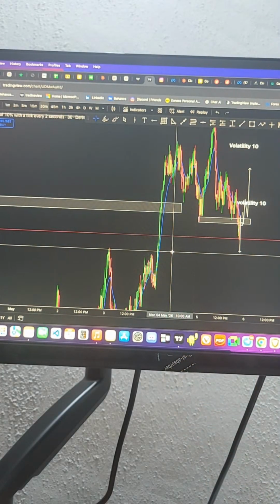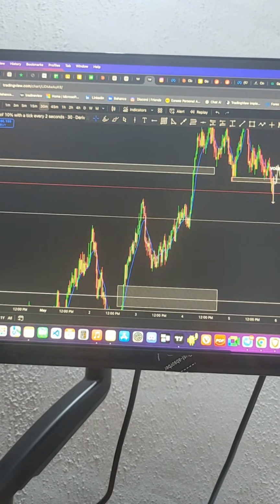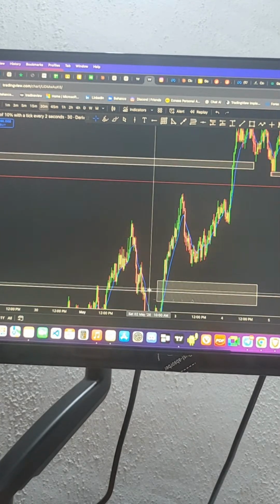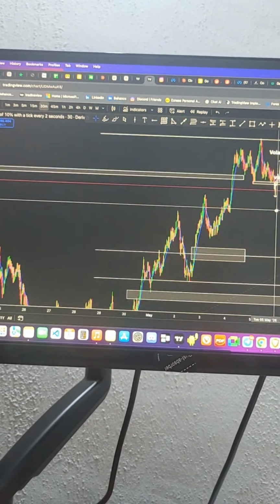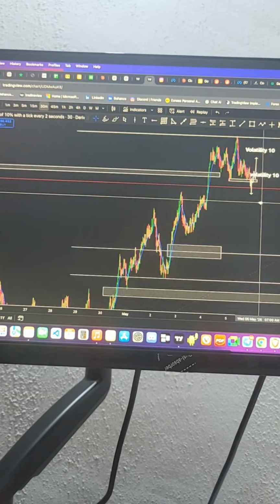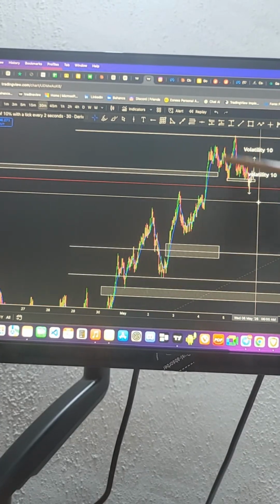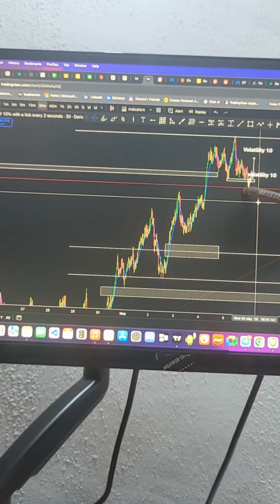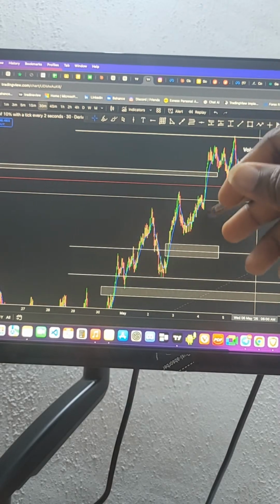So I have a series of POI where I want to buy from, because currently I'm looking for a buy opportunity, because volatility 10 has been trending to the upside. See where it has been trending to the upside.